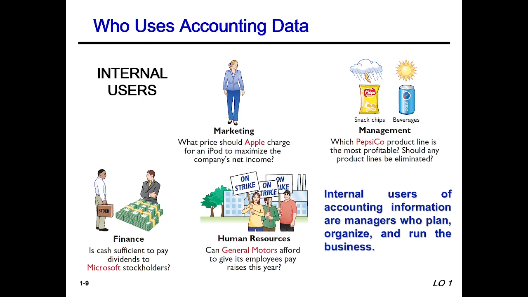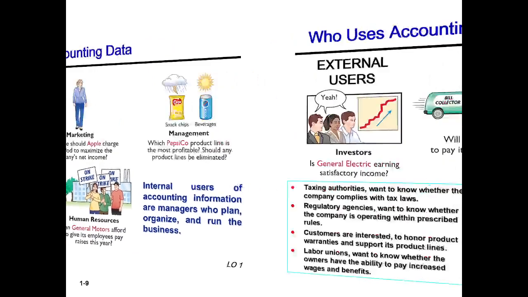In this university, the finance department must see the financial statements, or the marketing department collecting information, or students, or the management, the owner of the university. They use this information for planning, organizing and running the business properly. Managers who plan, organize and run the business use this information.